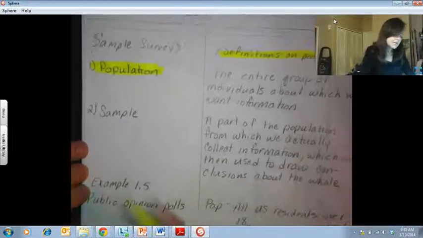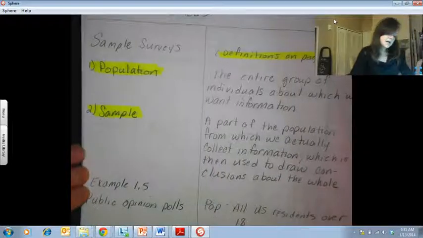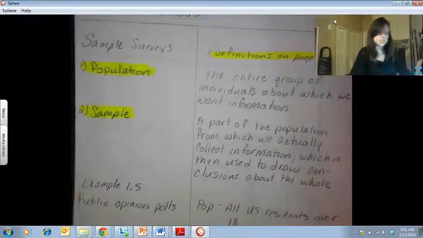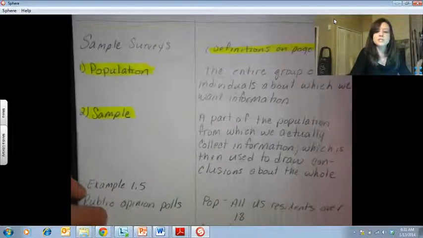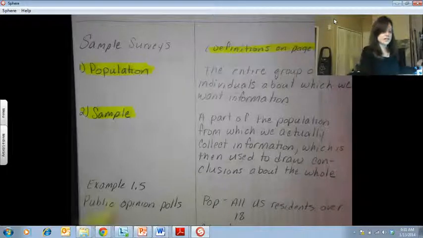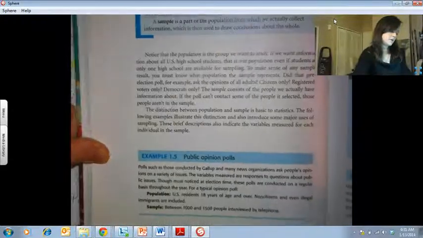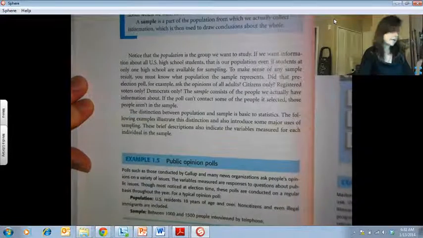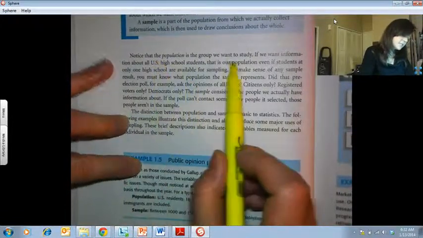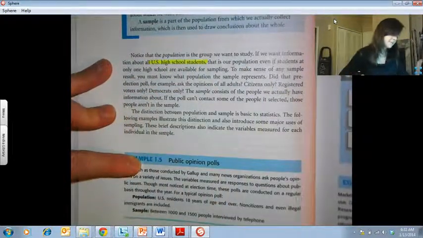Number two, sample, again, is going to make sense if you use your common sense. A part of the population from which we actually collect information, which is then used to draw conclusions about the whole. Let me just double check what it says in the book here. The population is the group we want to study. If we want information about all U.S. high school students, that's the population.